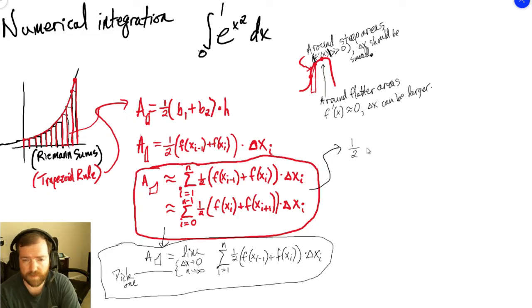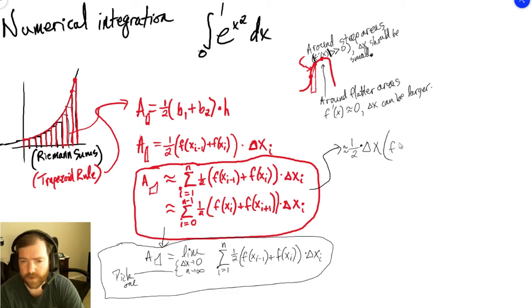So actually we can write this as approximately 1/2 delta x times, from the first group with I equals 1, f of x sub 1 minus 1, which is 0.